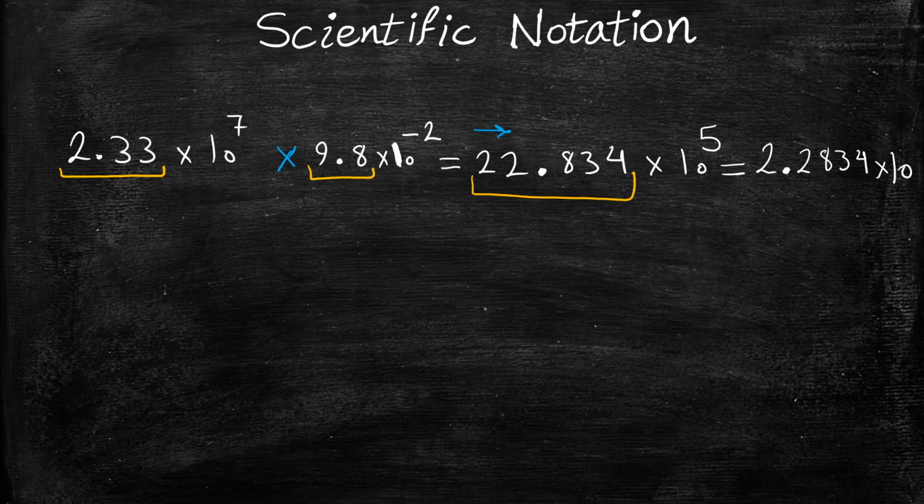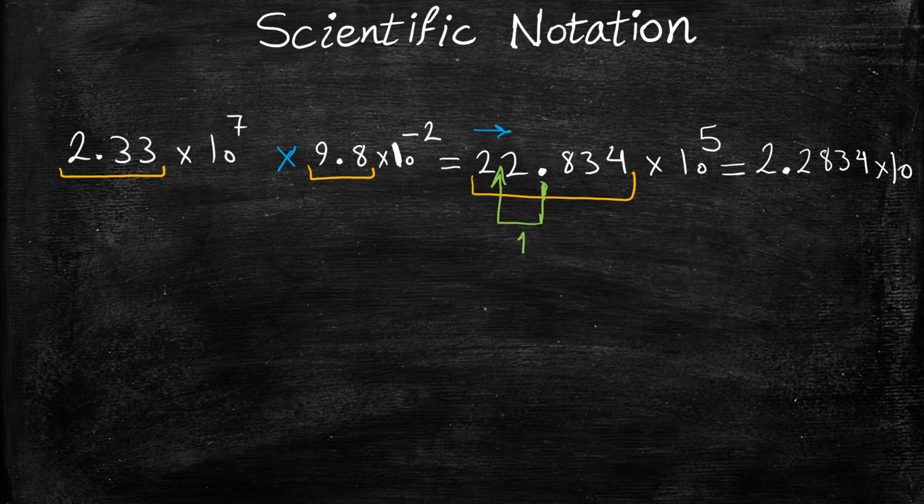Now we have to figure out the exponent. You notice that we have moved the decimal point from here in the original number, from here all the way to here. That is one position. One position moved to the left, right? From 22 point something, the number turned into 2 point something.